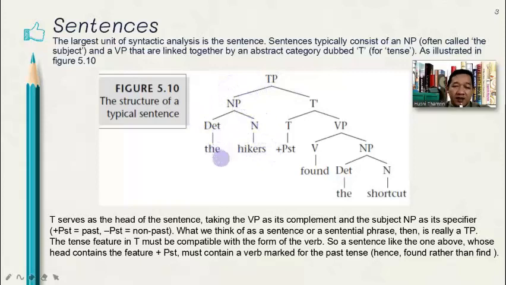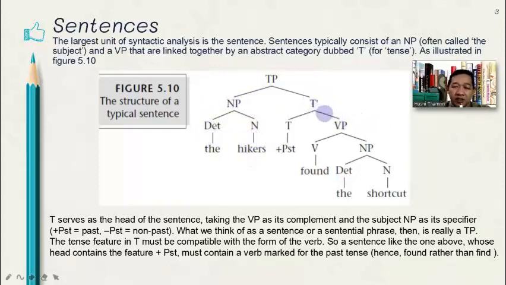The noun phrase consists of a determiner, the, and hikers as a noun. We remember that the noun is the head, but in this category the noun phrase consists of determiner and noun. It is called a subject.